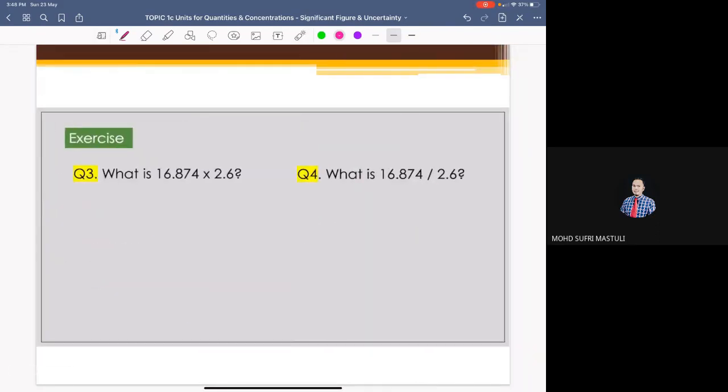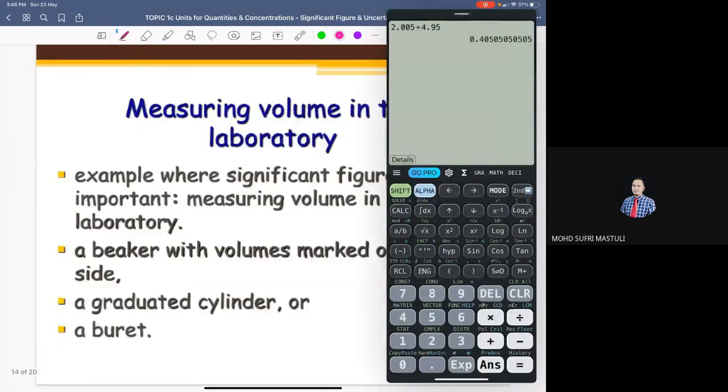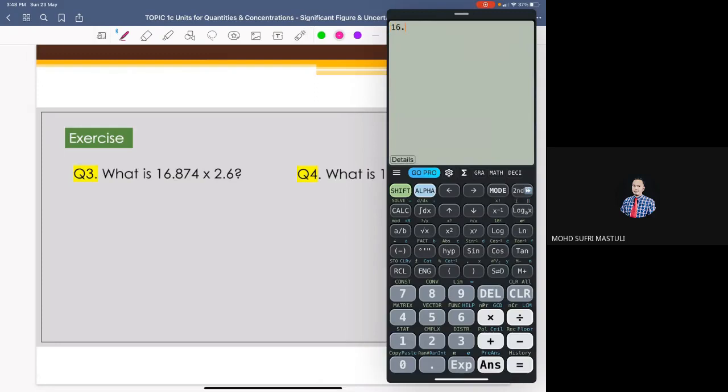Okay, for this one, if we have 16.874 multiplied by 2.6, we obtain the result of 43.8724. The lowest is two significant figures, so your answer should be 43, because it's two significant figures.